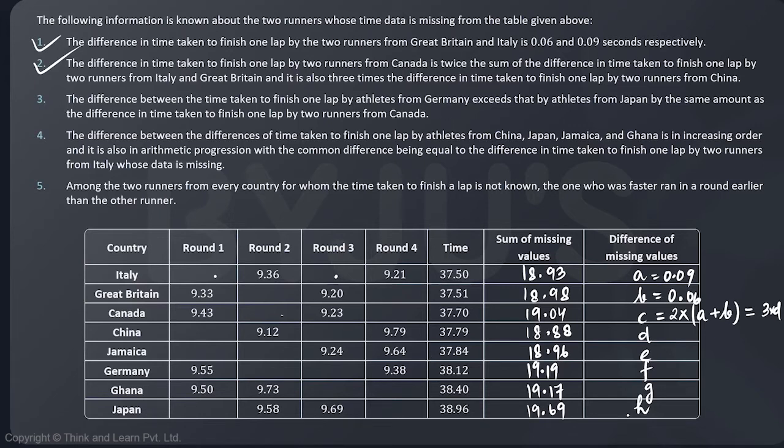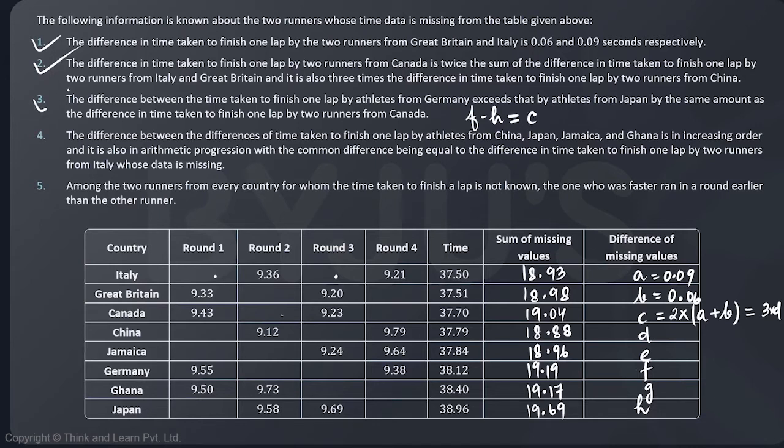So from here, we can say Germany minus Japan, that is F minus H, is equal to Canada's difference.